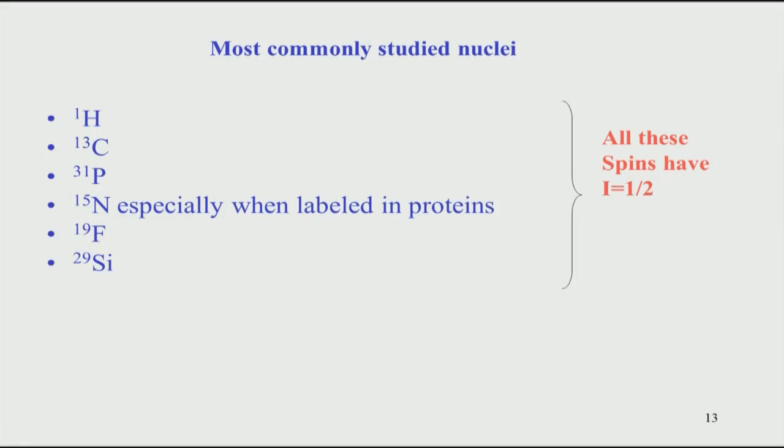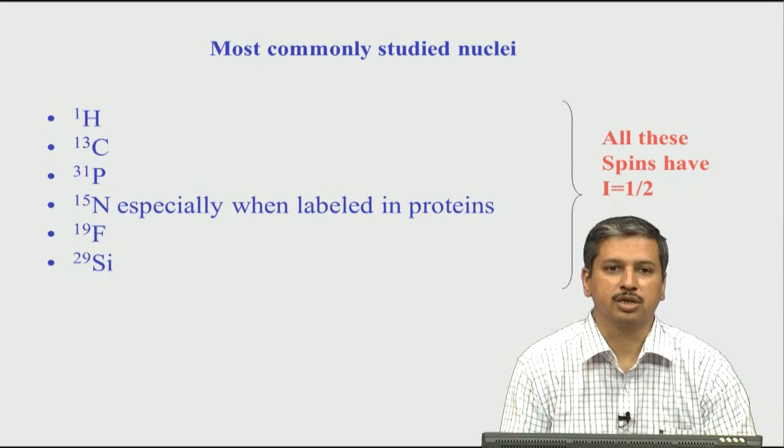So, today we will continue with that and look at what are the most common nuclei and how NMR spectroscopy is actually carried out. If you look at this slide, the most common nuclei that we study are listed here. Typically, of course, 90% of NMR is carried out on protons, and the next most popular nucleus is carbon 13, and third is phosphorus 31.